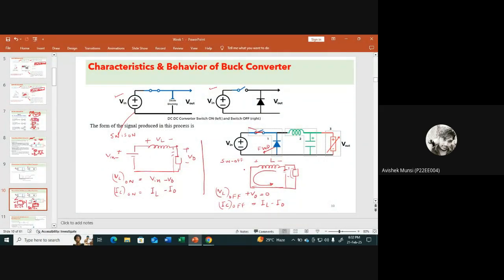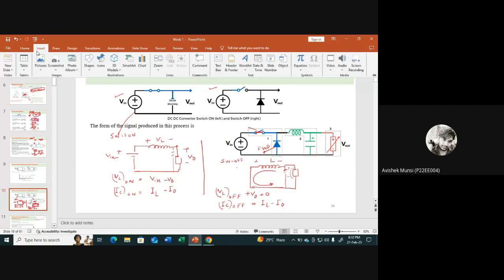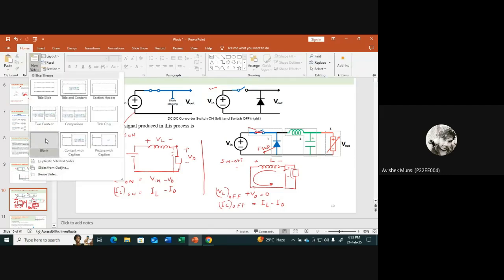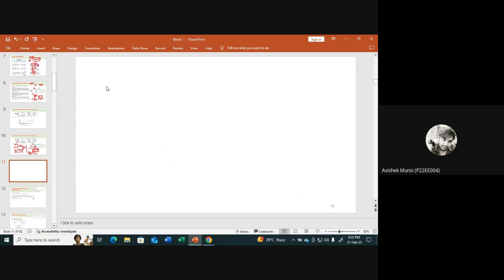So this was the case when we apply KVL during the on time, and this was the case when we apply KVL during the off time. Now if we apply the volt second balance, what was the volt second balance?